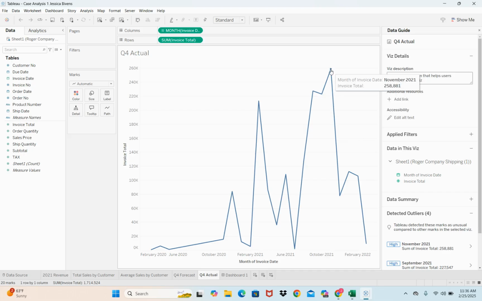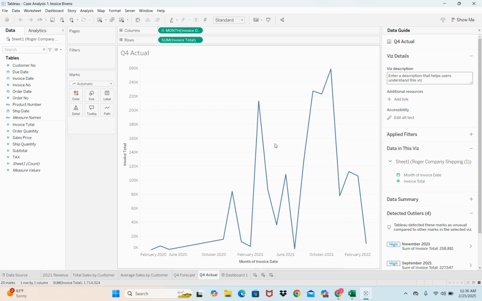Next we have November, 258,881, which was also higher than forecasted. And then if we go down here to December of 2021, actual sales were 77,687, which is exponentially lower than the forecasted estimate based on the recent past trends.